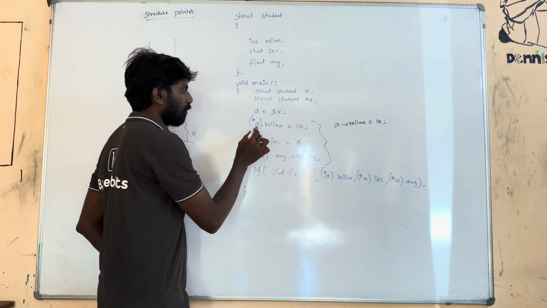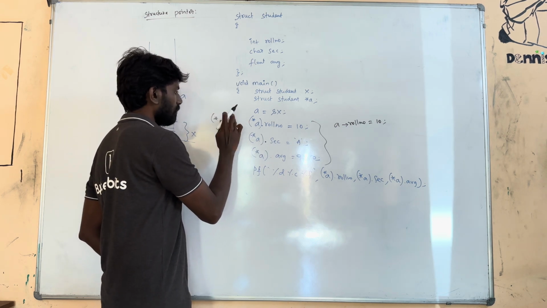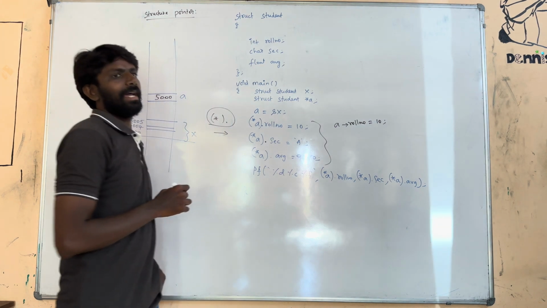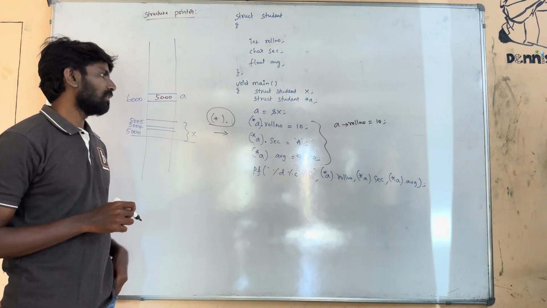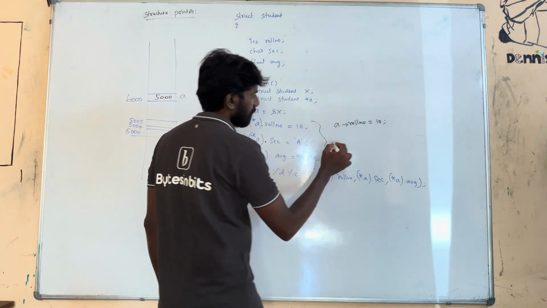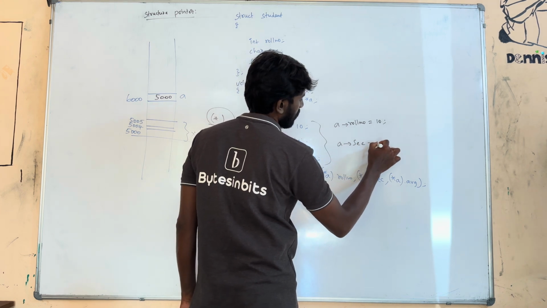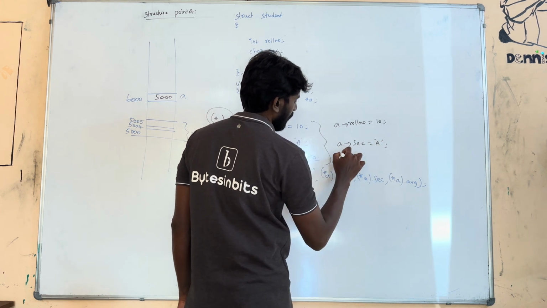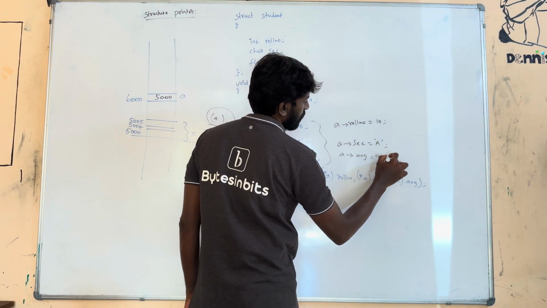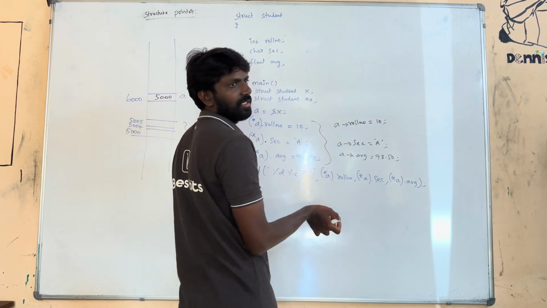Instead of using all these three, star, bracket, dot, you can simply use the arrow operator. So a arrow roll number, a arrow section, a arrow average. While printing also, you can use the same thing.